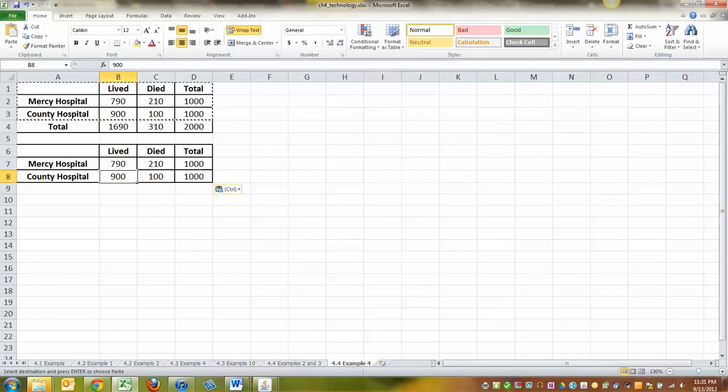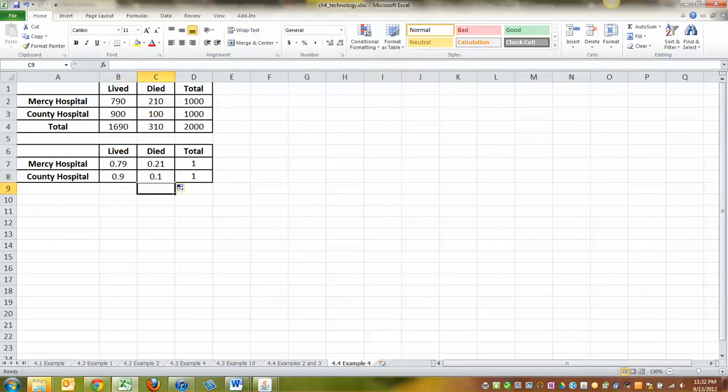To find this, what I want is to compare Mercy just to Mercy. So I take 790 divided by 1,000, and I don't want the 1,000 to change, so I give it dollar signs with F4, and then I drag across. Then I do it again: equals the 900 divided by the total with F4, drag across.